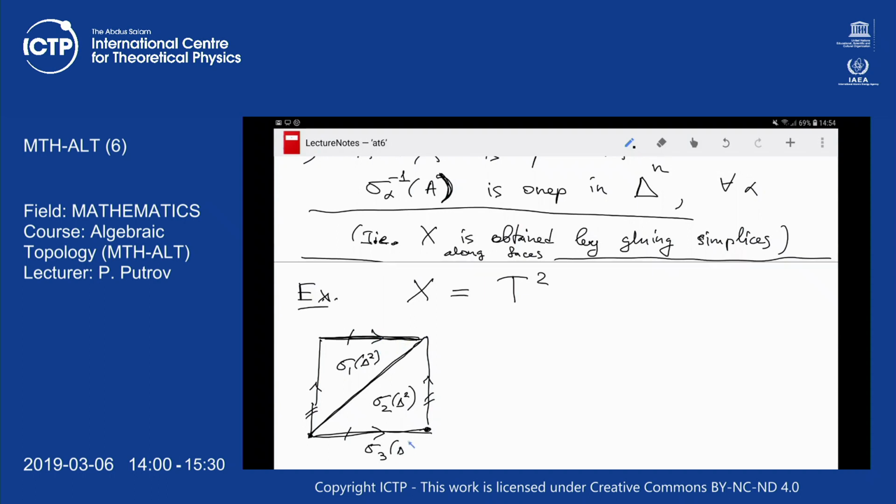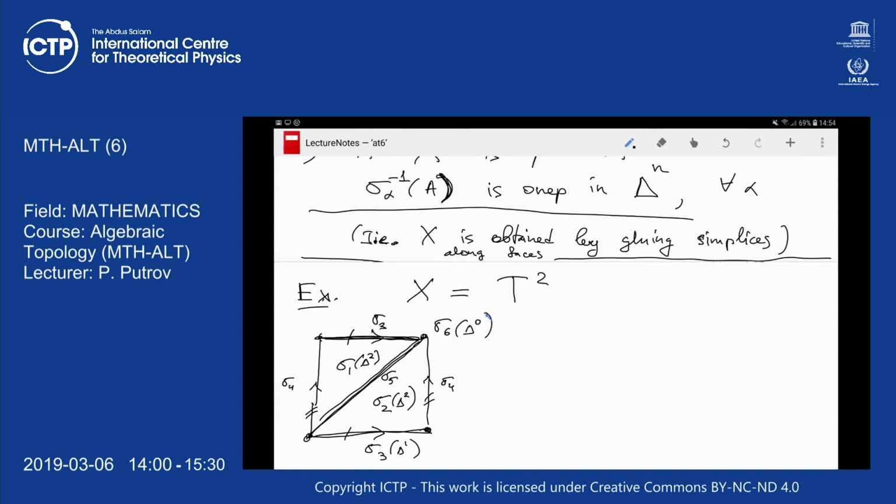Again, let me just write it one more time. Sigma 3 of delta 1. This will also be sigma 3 because it should be identified with this. This will be sigma 4, sigma 4. So these are images of one-dimensional simplices, and this will be sigma 5, and the rest will be sigma 6.